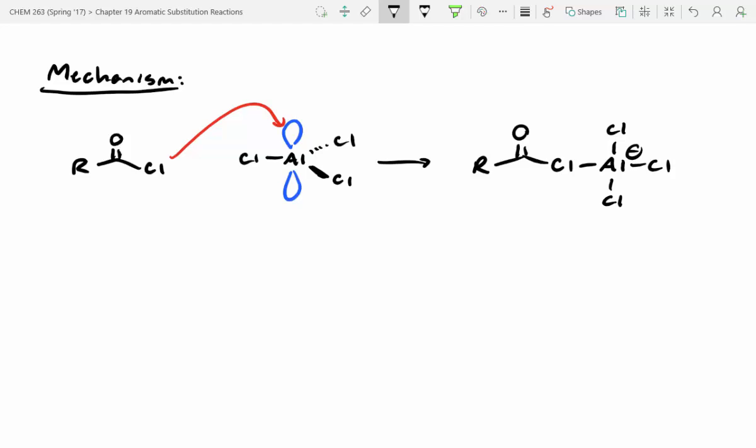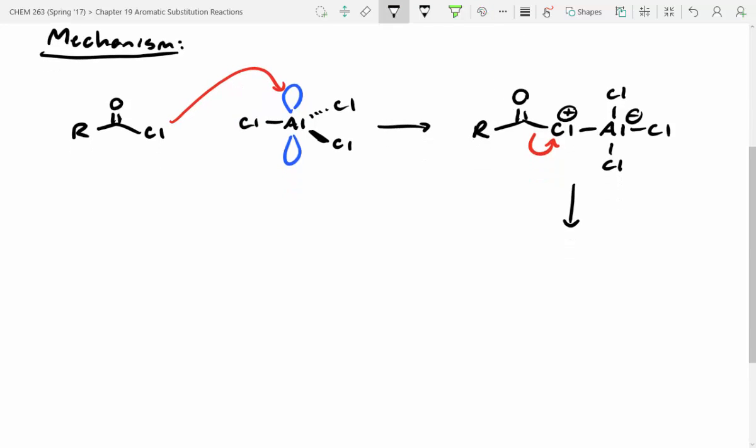Okay. That chlorine doesn't look very happy to me. What do you think might happen next? Yeah, it'll fall off, just like with our alkylation reaction. So in this next step, we're just going to dump electrons over to that chlorine. And now we're going to make something that looks very weird.